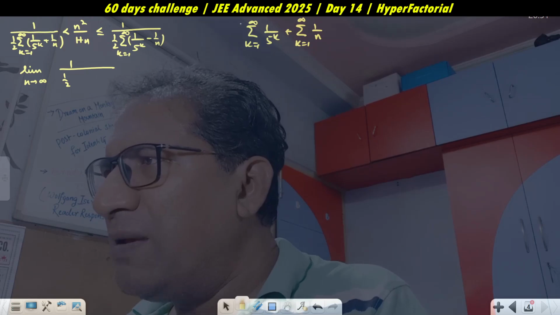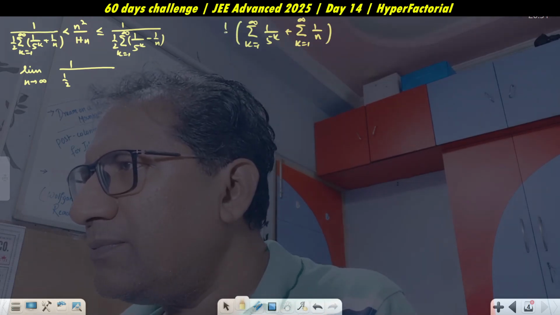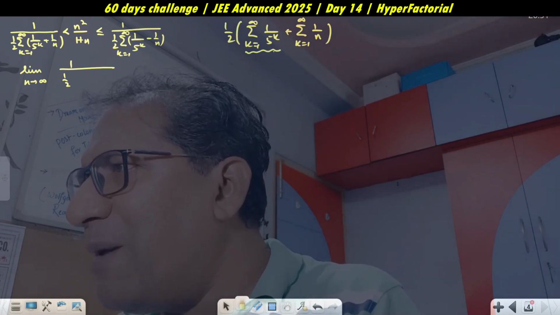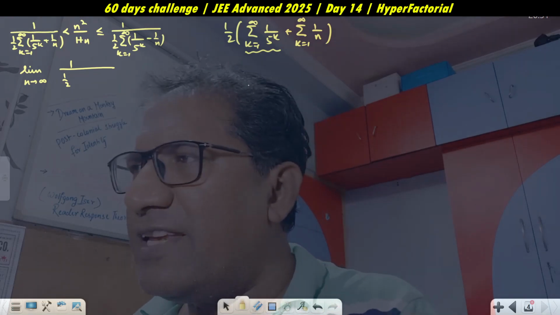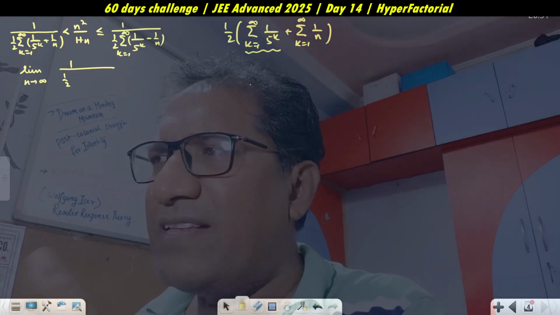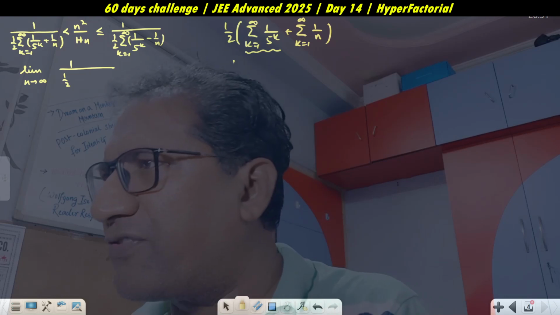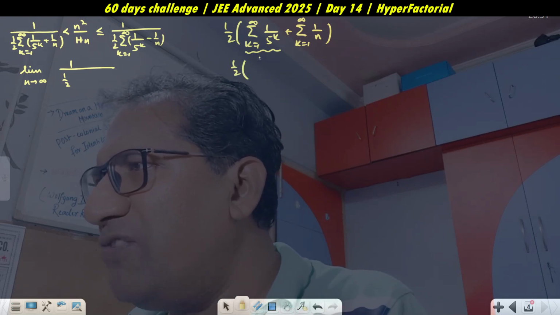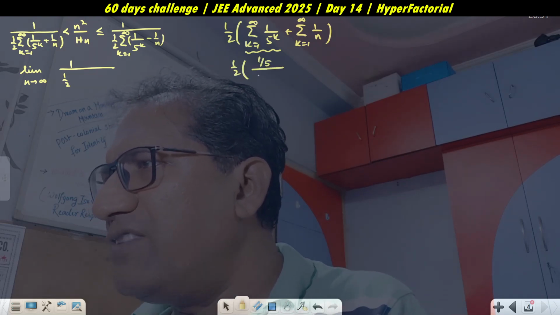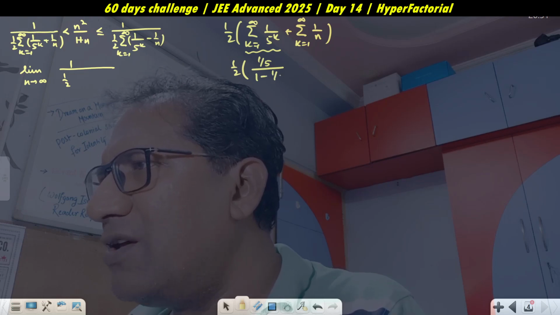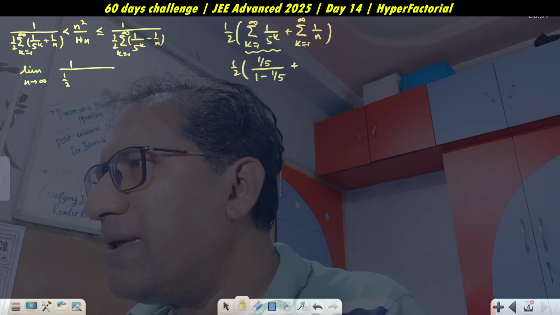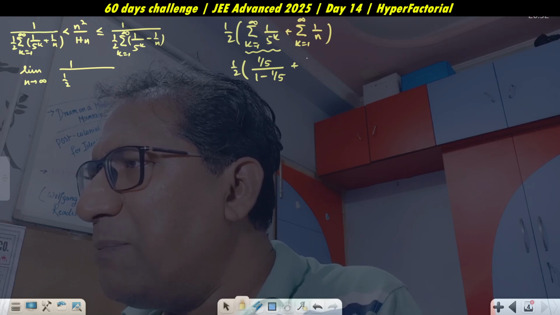I've simply separated it. So this is basically an infinite GP series whose first term is 1 over 5 and the common ratio is also 1 over 5. So this gives us 1 over 5 divided by 1 minus 1 over 5, plus this part, let it be like that.